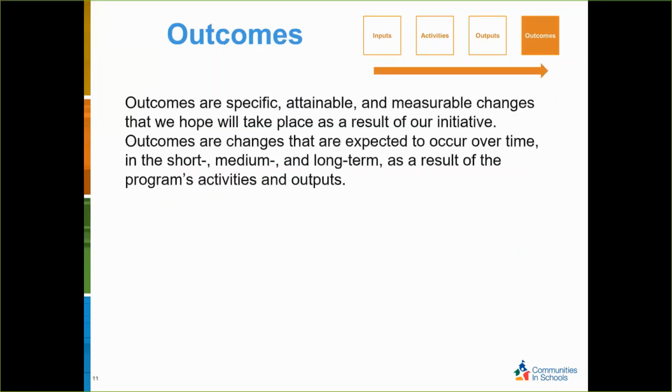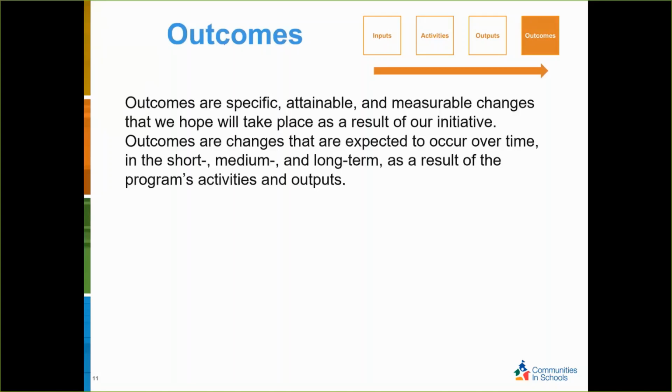Lastly, outcomes are specific, attainable, and measurable changes that we hope will take place as a result of our initiative or program. Outcomes are changes that are expected to occur over time in the short, medium, and long term as a result of the program's activities and outputs.